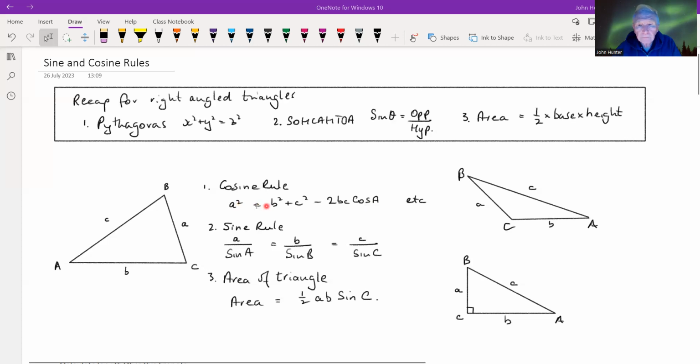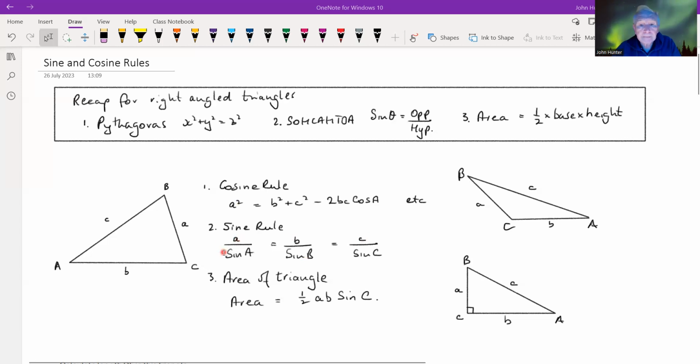So that's the cosine rule, and the sine rule is a over sine A equals b over sine B equals c over sine C. Typically we just use one equation from this. Of course, it seems almost too simple to be true, doesn't it? It also means sine A over a equals sine B over b as well, of course.